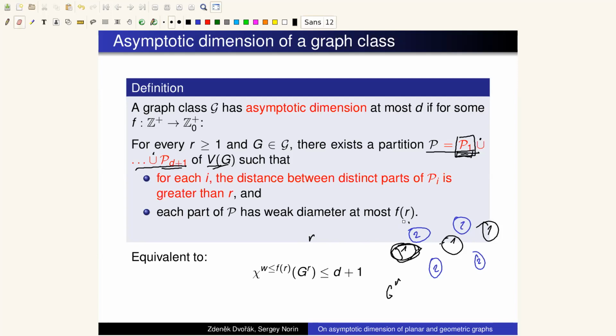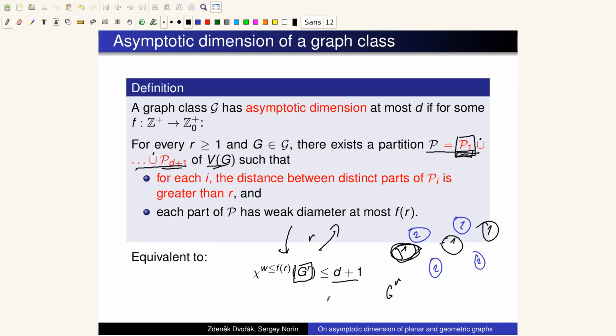Therefore, I am getting a weak diameter coloring using D+1 colors. And conversely, if I have a weak diameter coloring of this r-th power by D+1 colors, I can just take the parts to be the monochromatic components.